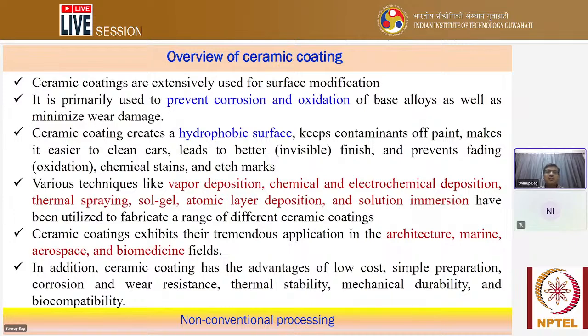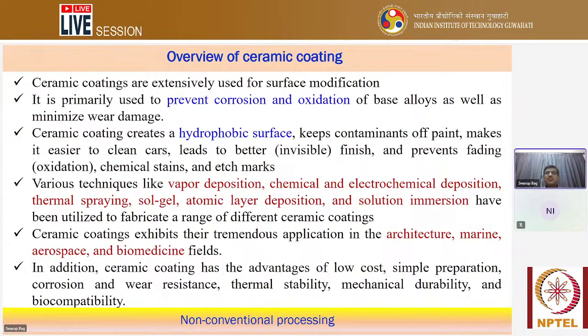Ceramic coating tries to create a hydrophobic surface. A hydrophobic surface keeps off any kind of contaminants. For example, in the case of a car, the presence of a hydrophobic surface makes it easy to clean the car's body and it basically looks better.